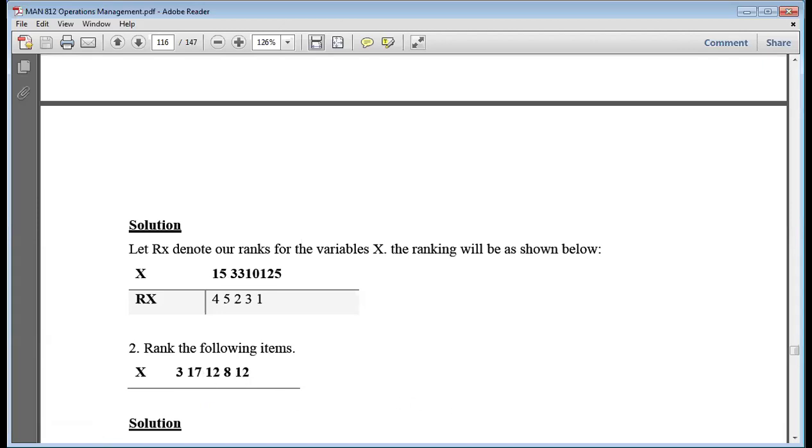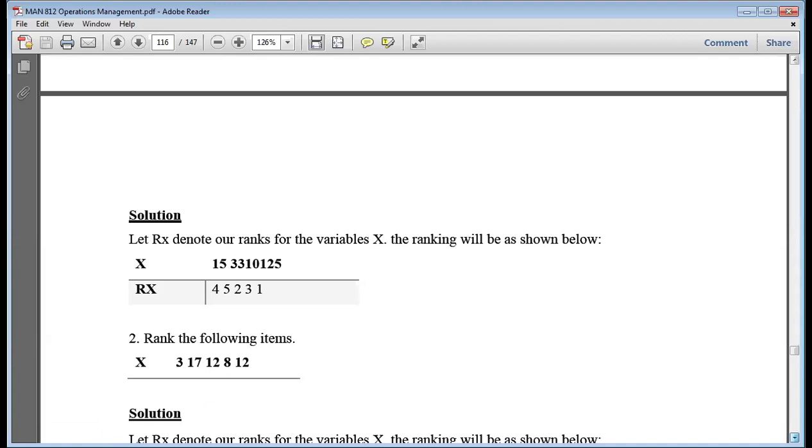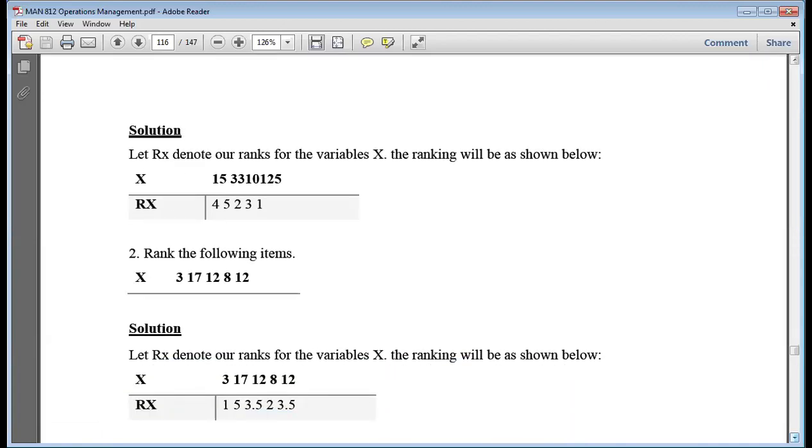What will you do? You have to divide it, because you are supposed to rank 1, this one 2, 3. It means you rank one, and the other one will take the next.